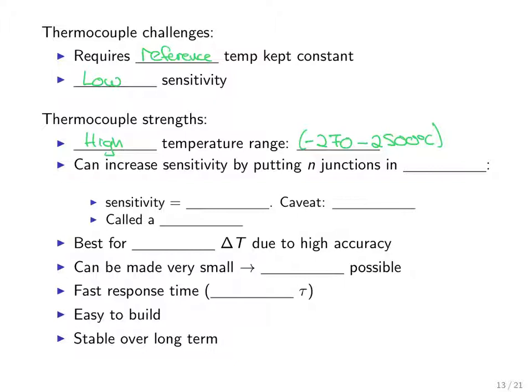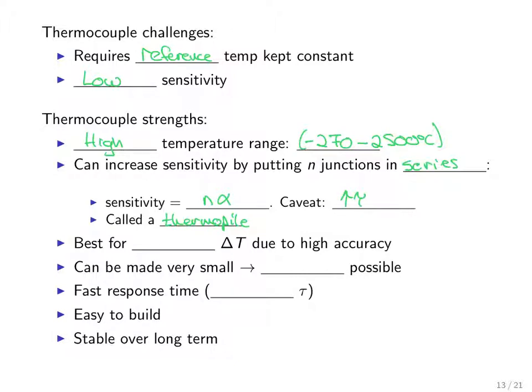You can increase the sensitivity by putting N junctions in series, which gives you a thermopile. And it increases your sensitivity by a factor of N. Caveat, of course, is that you're going to have a slower response time.